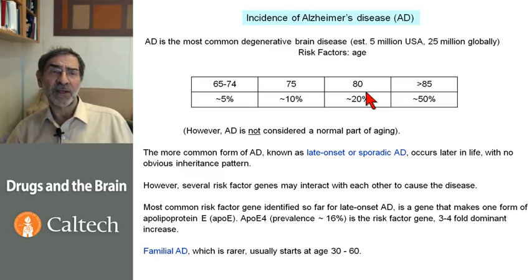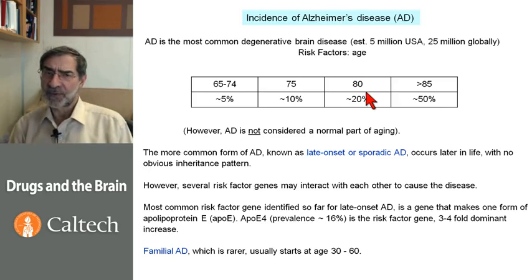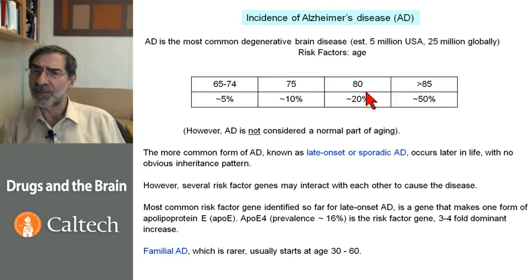Alzheimer's disease, or AD, is the most common neurodegenerative brain disease. One estimates that 5 million Americans and 25 million people globally now suffer from this disease. The most important risk factor for Alzheimer's disease across all populations is age.